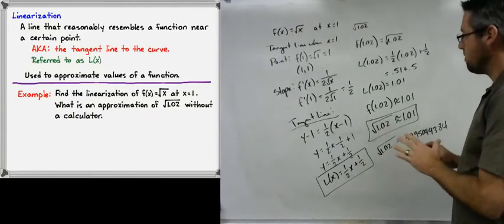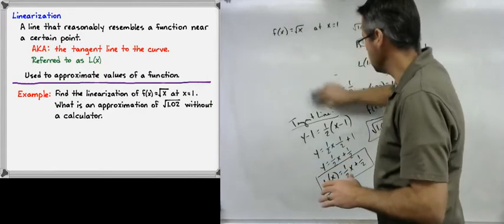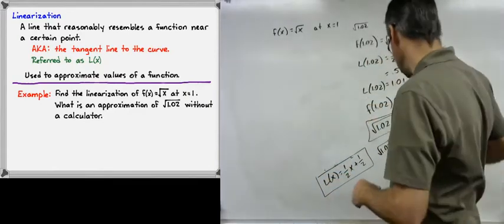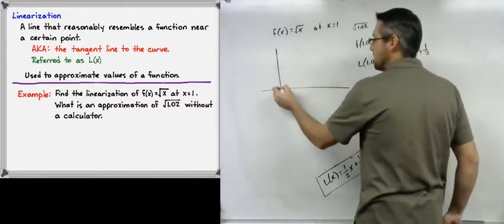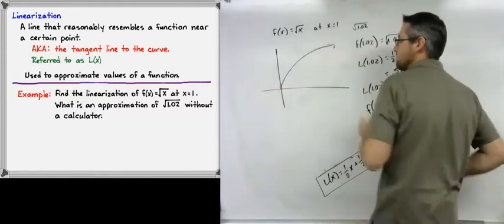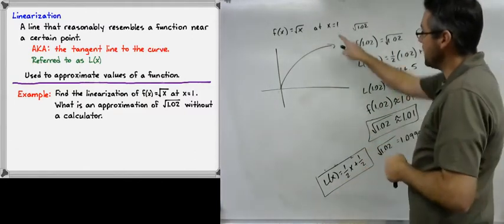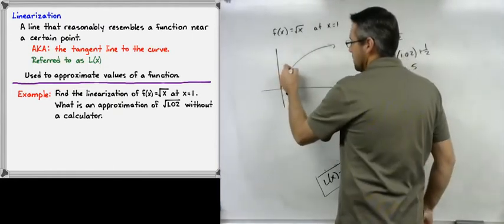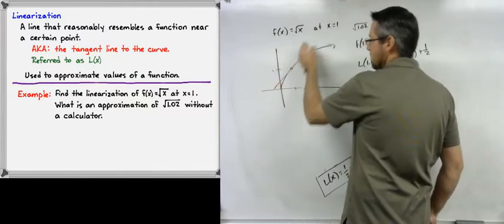And so let's go back to the graph of this and understand what we're doing here. So I'm going to go ahead and erase all the work here. And looking at the graph of radical x, here's radical x. And what we did was we found the tangent line when x equals 1, and that point was 1, comma 1. Okay, we found the tangent line of this.